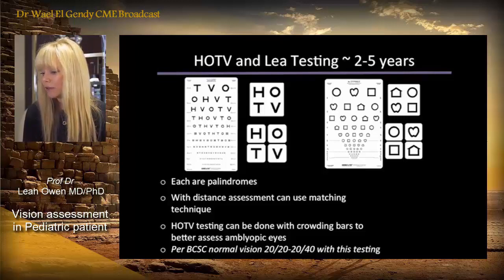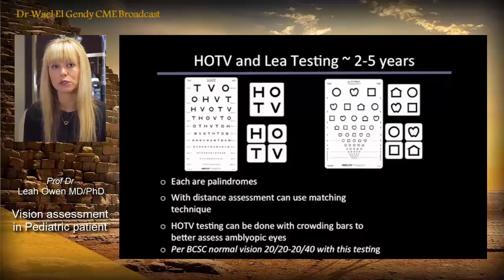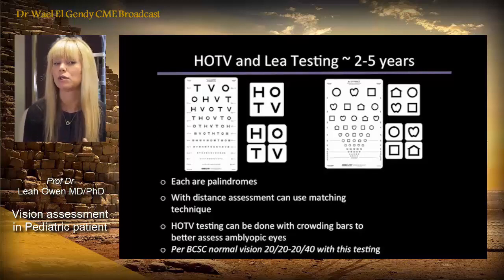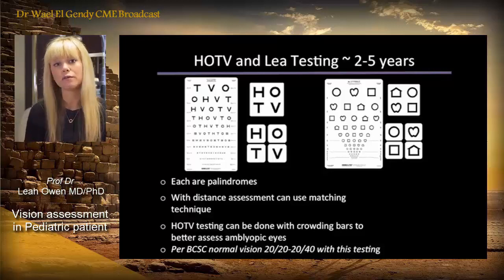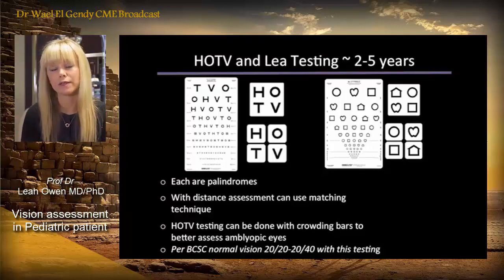And another thing I like about it, you can obviously use cards for near vision. And you can test each eye individually, which is really important. You can start doing that at this age. But then with distance vision, you can also use this as a matching technique. So you can give them the near card, but also present them with one of the images at a distance and ask them to match what it is, even if they're shy or they don't feel comfortable verbalizing what they see.